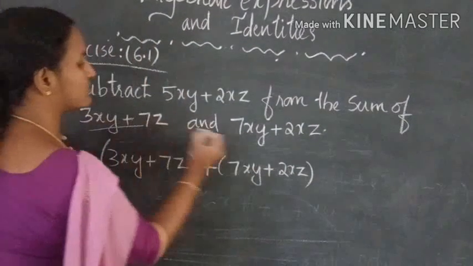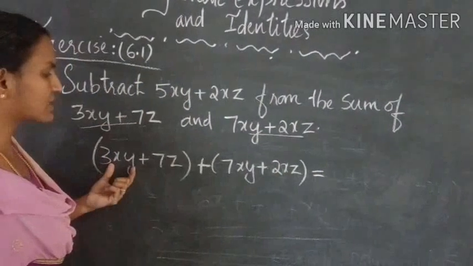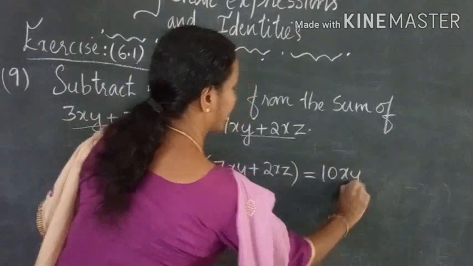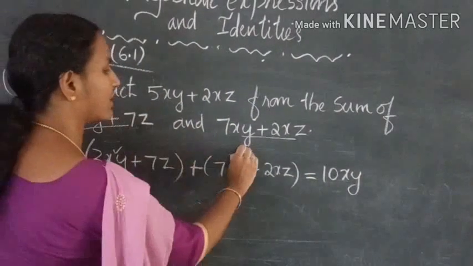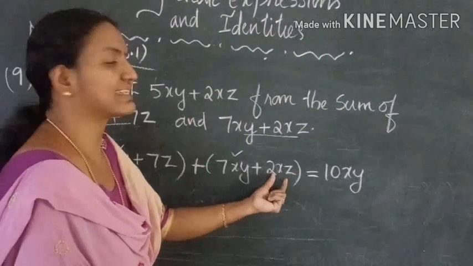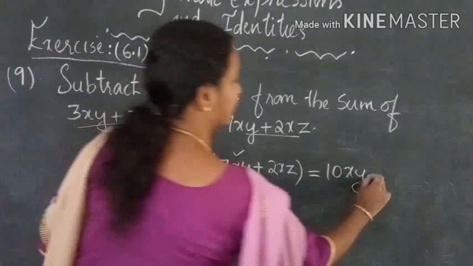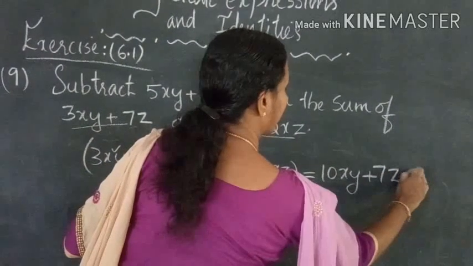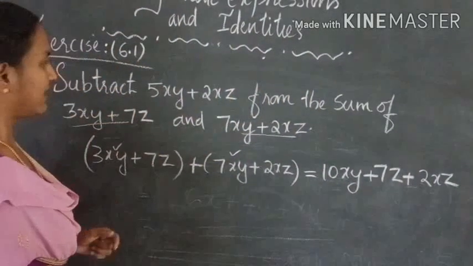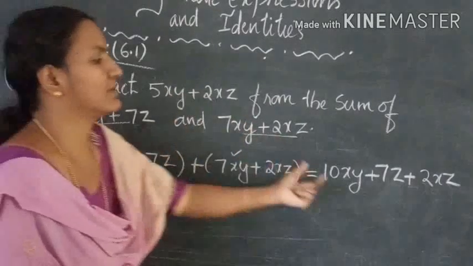Sum of these two expressions is equal to 3xy plus 7xy, 10xy, plus 7z, plus 2xz. They are unlike terms. Then the question is subtract this expression from this one.